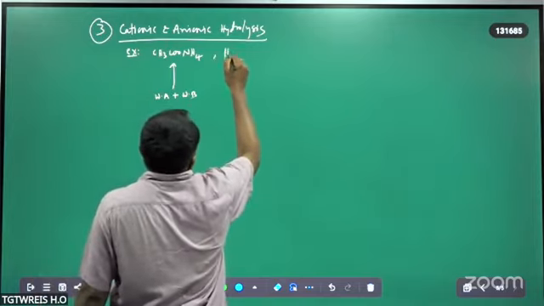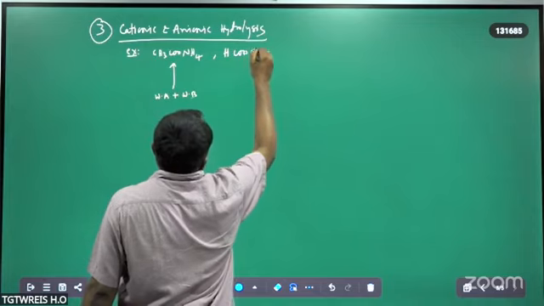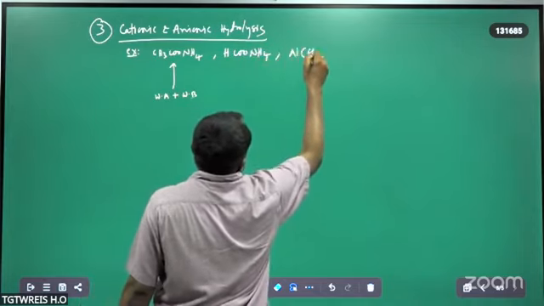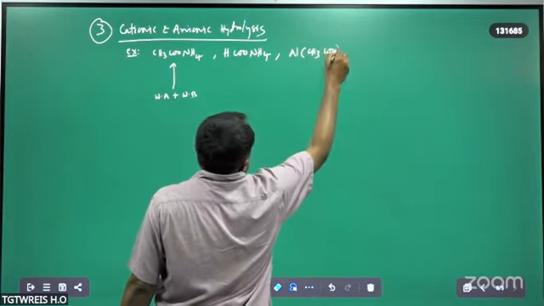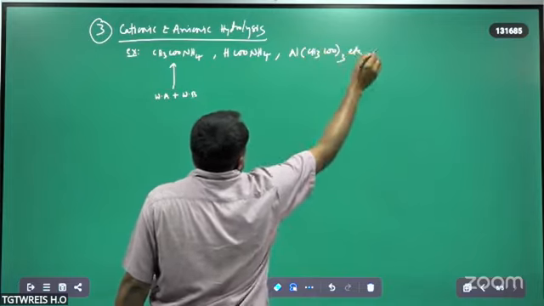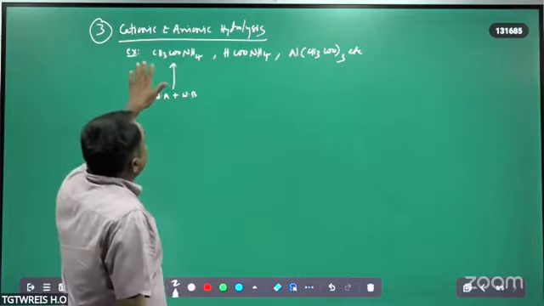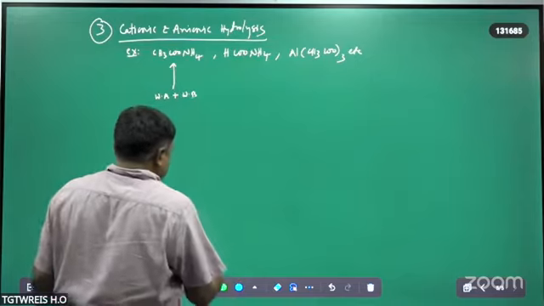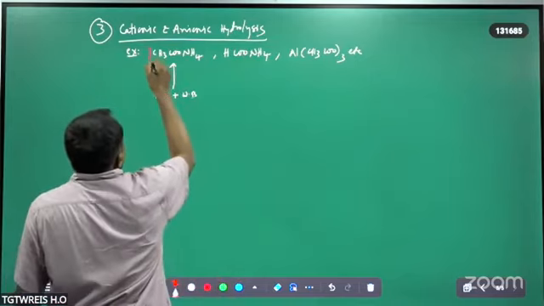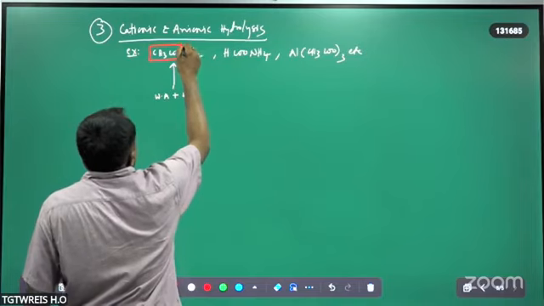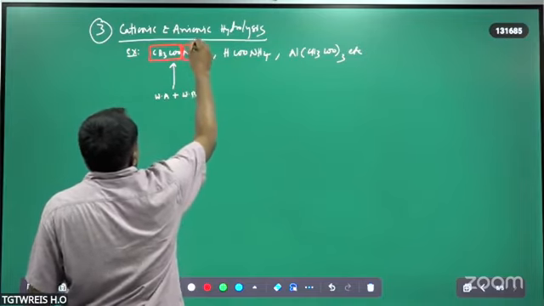Suppose HCOONH4 and Al(CH3COO)3, etc. These are salts in which both the anionic as well as cationic parts undergo hydrolysis. So this cationic part is undergoing hydrolysis, and this NH4 plus is also undergoing hydrolysis.